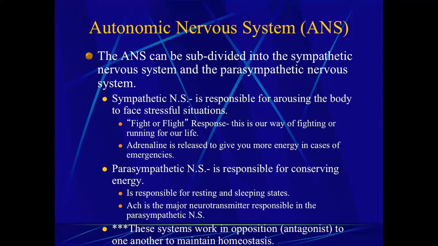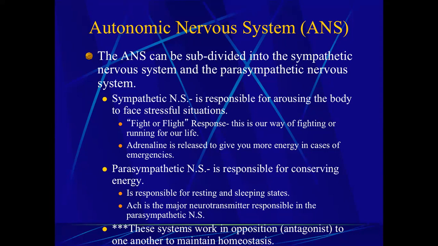So immediately the parasympathetic nervous system says, thank you, but I have it from here. Isn't that cool? It happens on a daily basis when we perceive and then reconcile a perceived threat. We don't have to think about it. And that's the beauty of the autonomic nervous system.